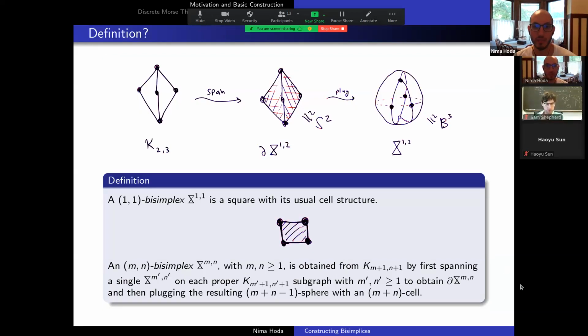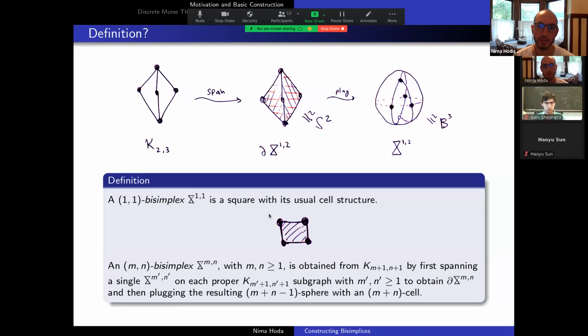So what's a bisimplex? The definition is inductive. Start with the 1-1 bisimplex. It's just a square with the usual cell structure. The one skeleton is K_{2,2}, a complete bipartite graph.